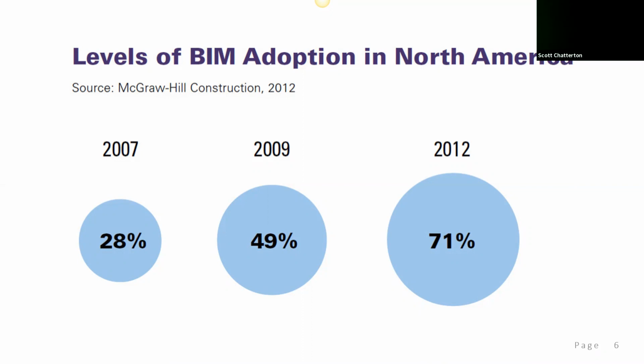So that has been some of the driving factors for why we've seen such a rapid rise in the adoption of BIM in North America. I think this is probably reflective of the Asia Pacific, of Australia, and parts of Europe. In the UK, it probably was more rapid, due mainly to their introduction of a BIM mandate.